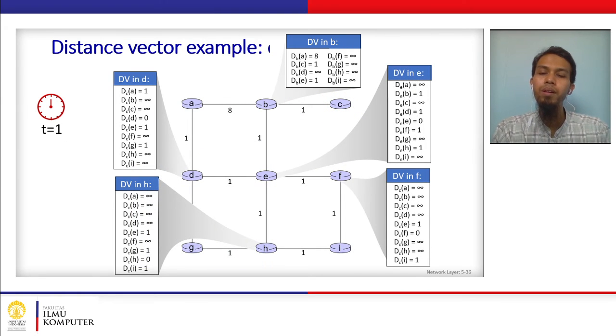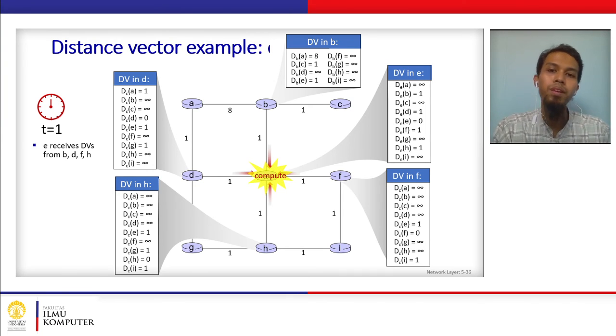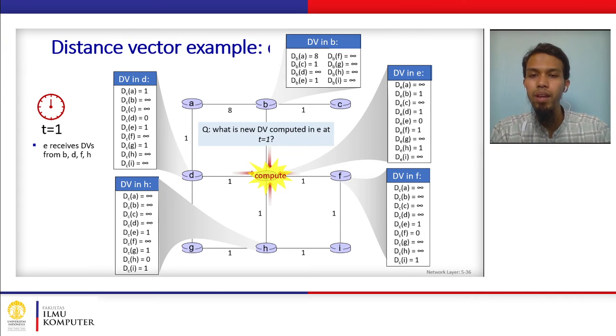So at the end of this first iteration, all the nodes will have the new DV. And let's again take a look at the updates that happen at E. Since E has many neighbors, B, D, F, and H, it will recompute the distance vector based on information received from its neighbors.